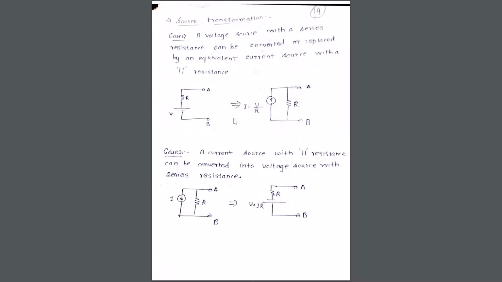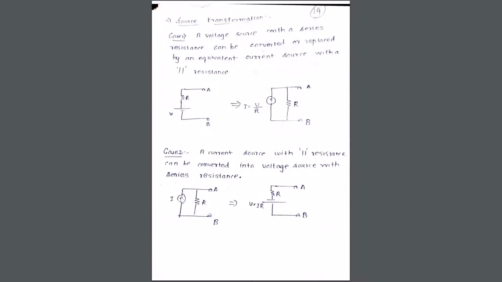It's just the vice versa of this. But if you look at one thing, when the voltage source had a positive terminal above and a negative terminal below, the current source was pointing upwards. Why? Because a current source always moves out of a positive terminal. This is a convention that we take.